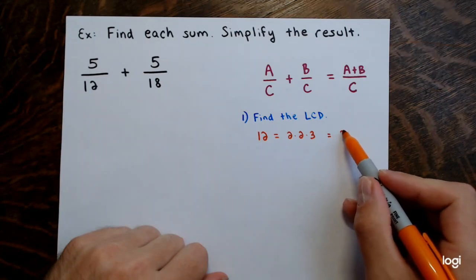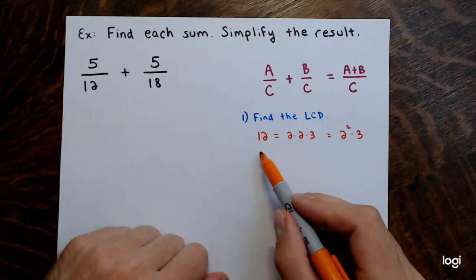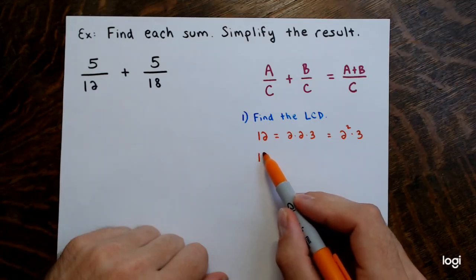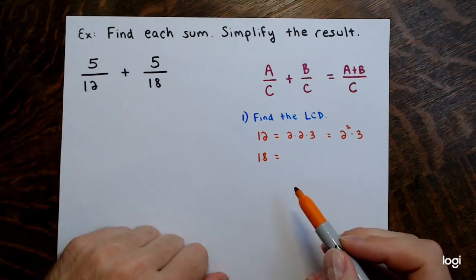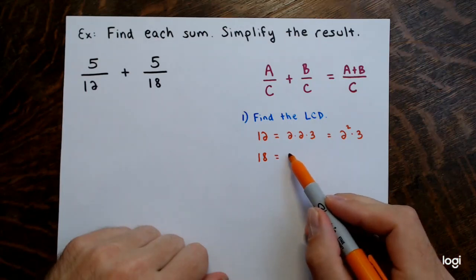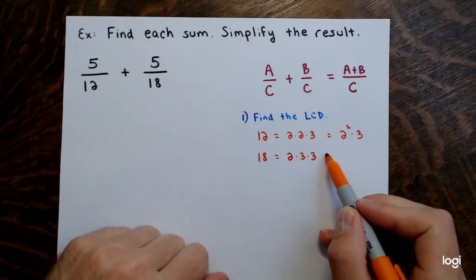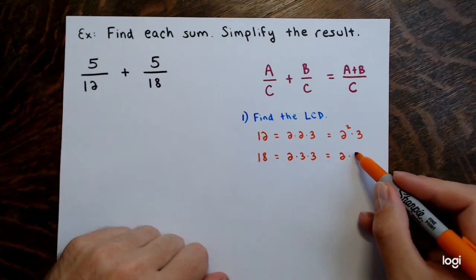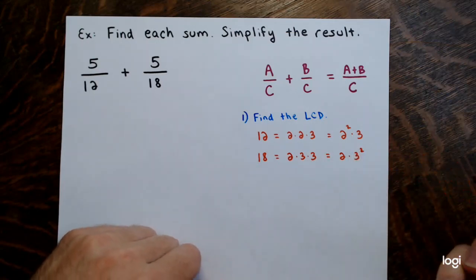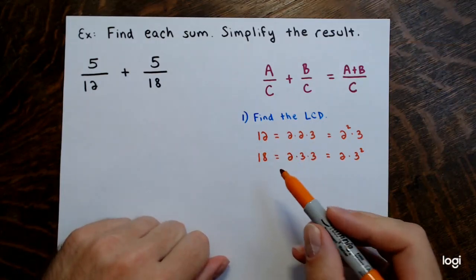In fact, I'll do that over here if you'd like, right? 2 squared times 3. And then the other denominator, 18, that's 2 times 9, and then 9 breaks down to 3 times 3, so 2 times 3 times 3, and the 3 times 3 is 3 to the second power, 3 squared. Okay, so first you factor the denominators completely.